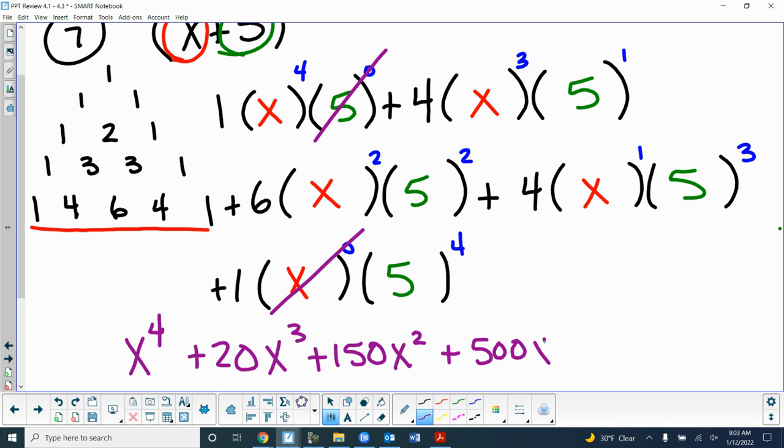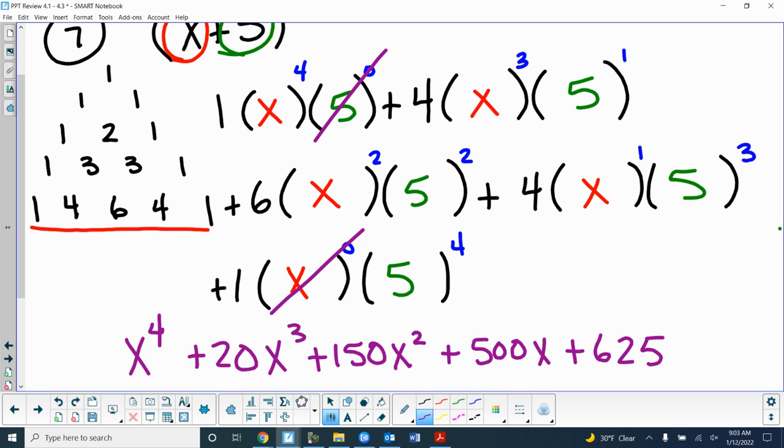And then x to the first, and then it's 1 times 5 to the fourth, which is just 5 to the fourth. So 5 times 5 is 25, times 5 is 125, times 5 is 625.